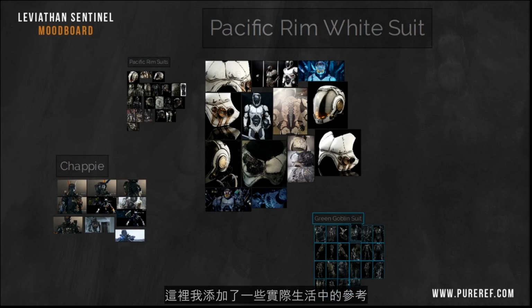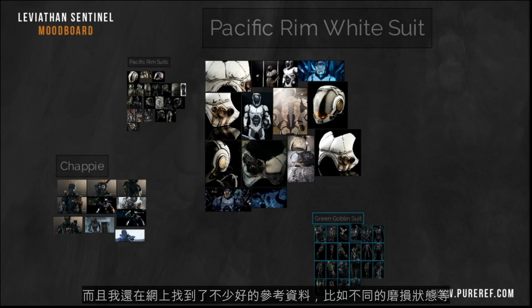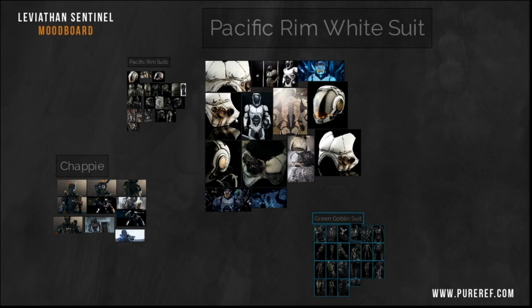So I added a few real life references. These are some suits that I found online. This white suit was my main inspiration for Leviathan. I loved the scratches, and I found so many good references online for the different damage states. I also had some different ones here for different materials.